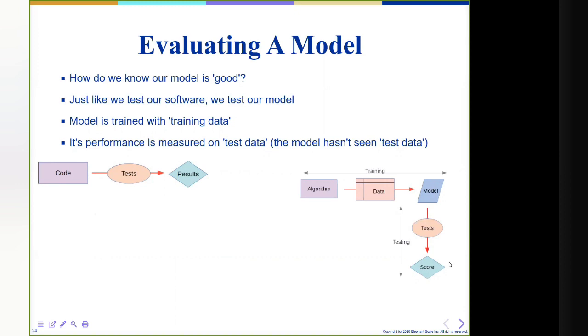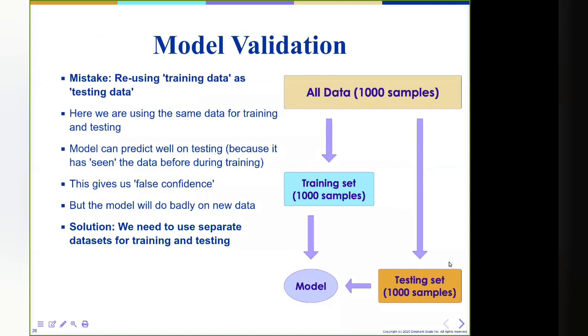Okay. Now, to do this, let's say I'm giving you 1,000 data points, and I say, go build a model. Let's say you used all 1,000 data points to train the model. So when the model is trained, it has seen 1,000 data points. Now, if you use the same 1,000 data points for testing, what's going to happen?